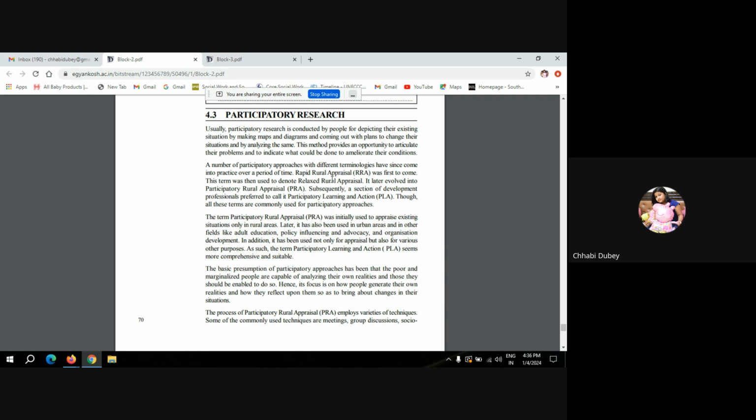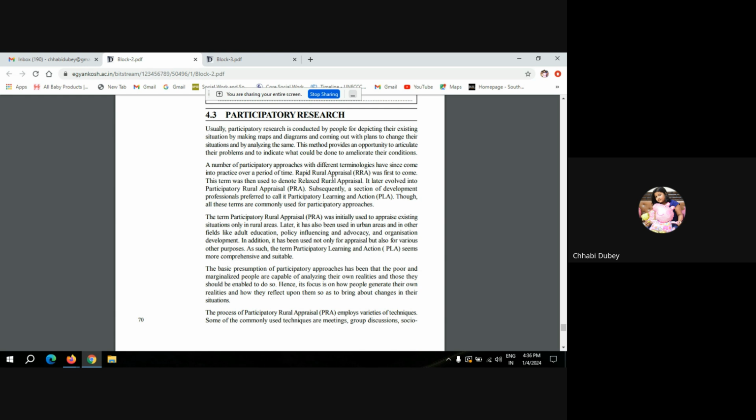So we are helping a more inclusive kind of research, where we make the people participate in studying their situation. They help by making maps and diagrams during the research process, and this is done in order to improve their own situation.